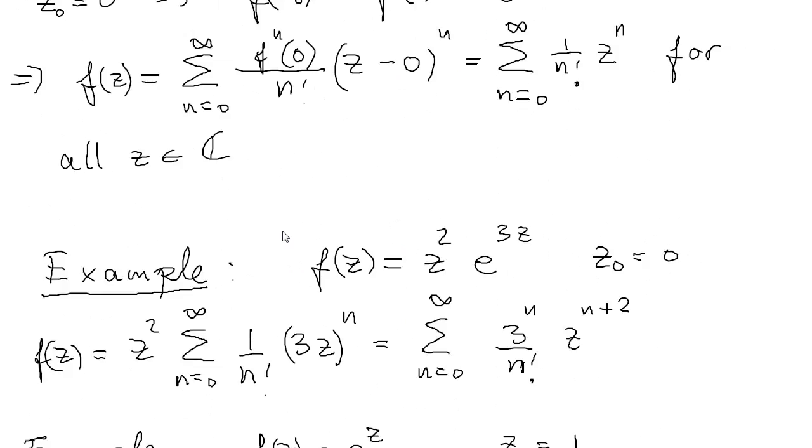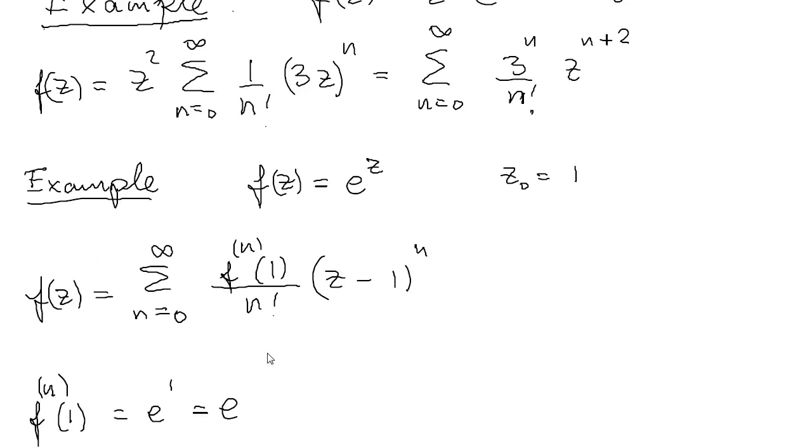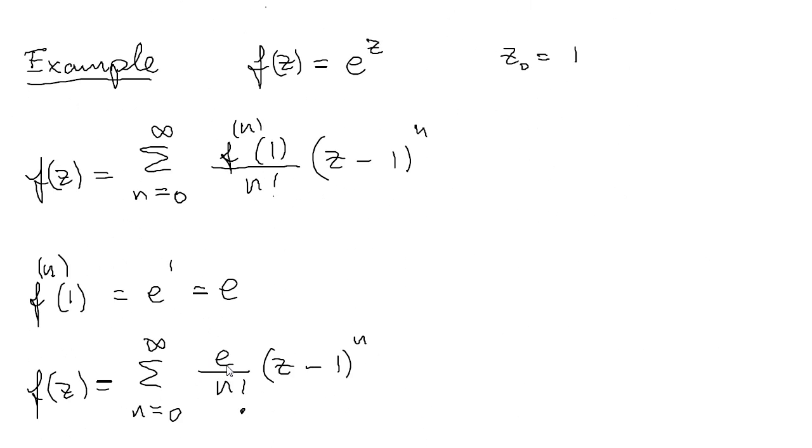So what we are obtaining then is just this: the exponential function of 1 over n factorial multiplied with z minus z0, which is equal to 1 in this case, in the power of n.